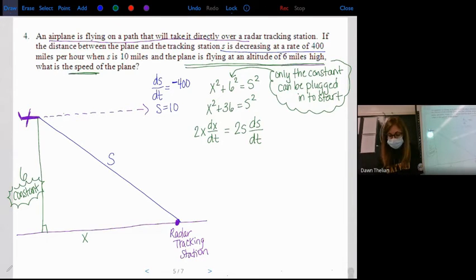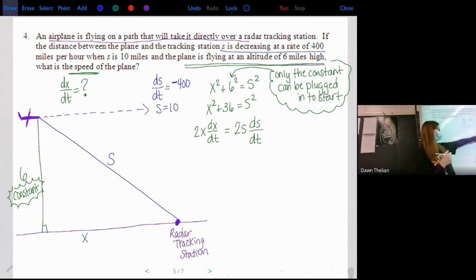So the speed is going to be our rate of change. dx dt is really the question. What is the speed or the rate of change? The uh-oh that we're hitting is that in my related rates equation, I do have an x, a plain old x, that they didn't give me.